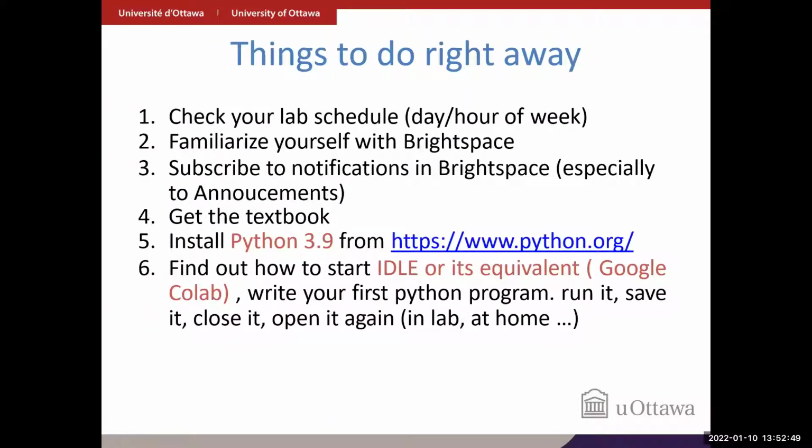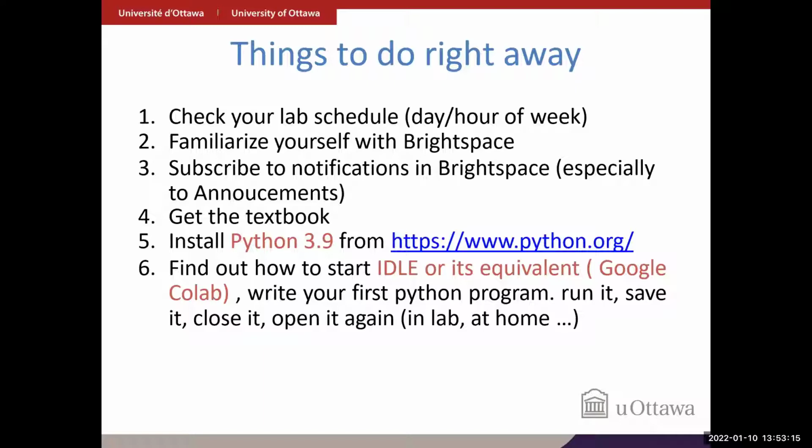So what are the things that you need to do? Check your lab schedule all the time. Familiarize yourself with Brightspace. Subscribe to notifications in Brightspace, especially to the announcements and discussions. Optional: get the textbook, and as I said, you can get the textbook by searching for it online. And install Python 3.9 and any IDE.